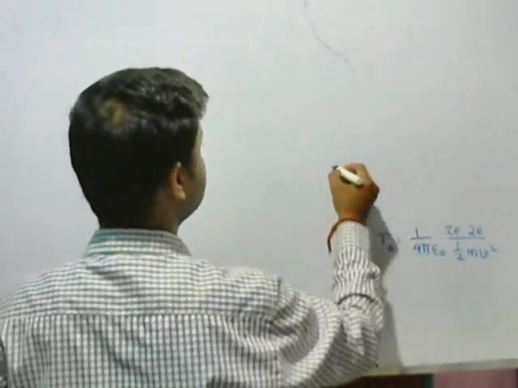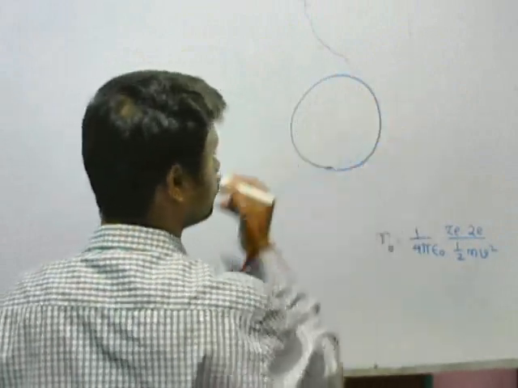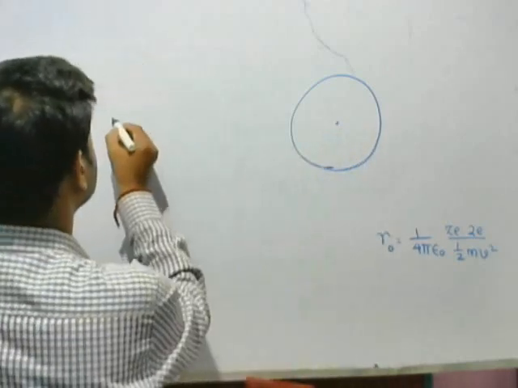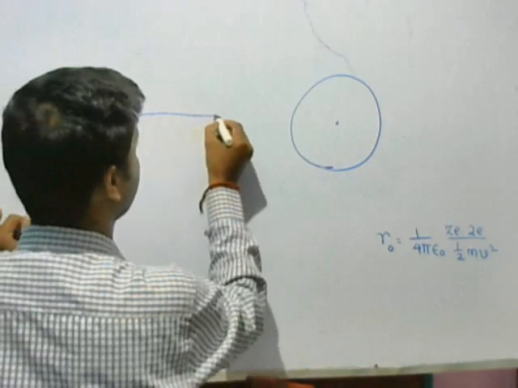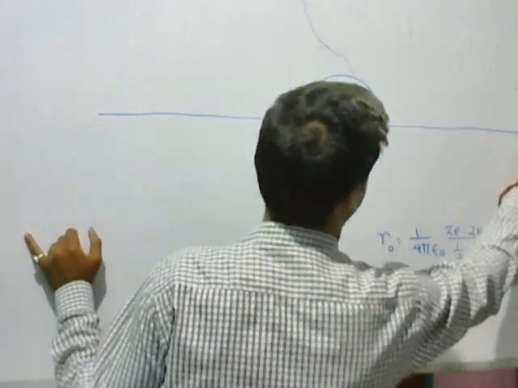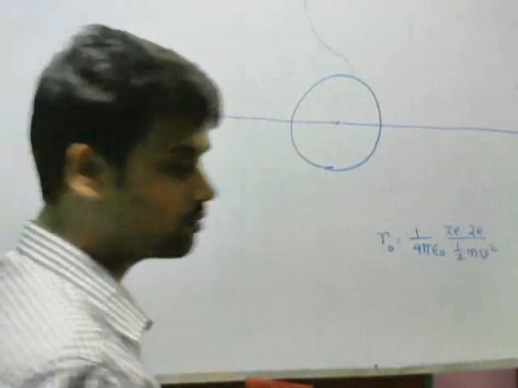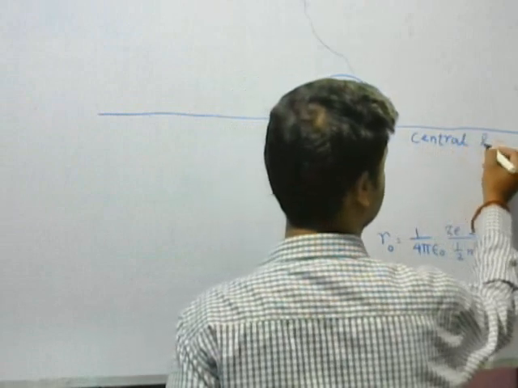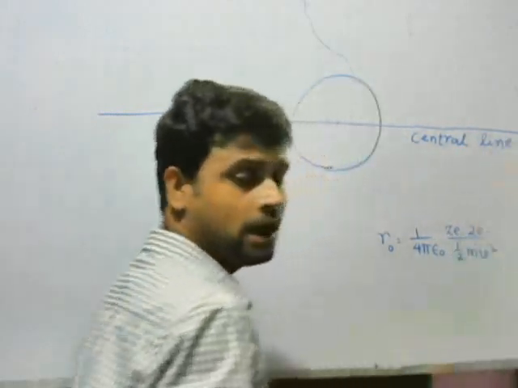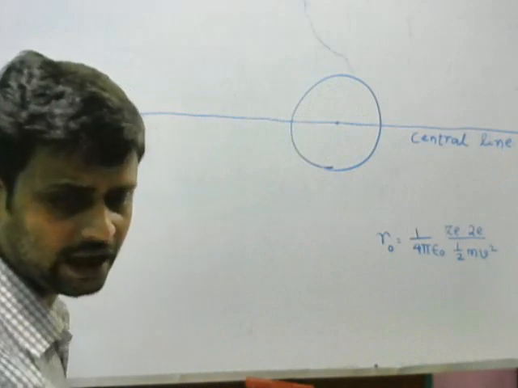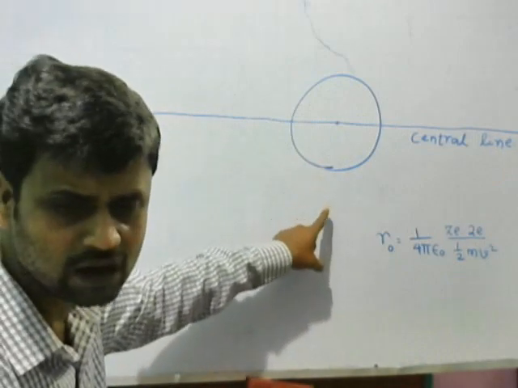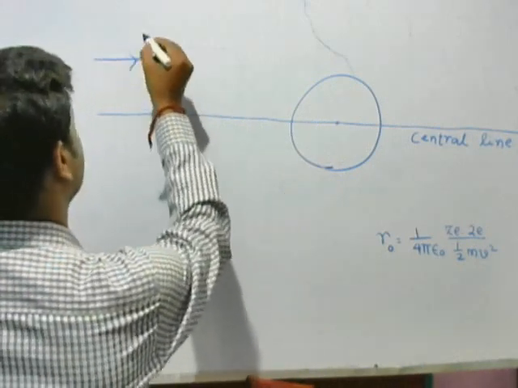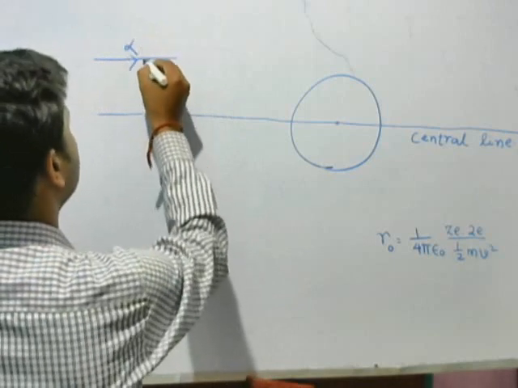Suppose this is a nucleus and this point is the center of the nucleus. This is the central line of the nucleus. And let an alpha particle be projected towards the nucleus like this, with kinetic energy half mv square.